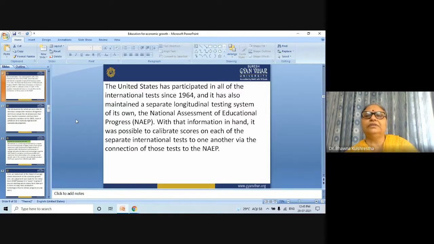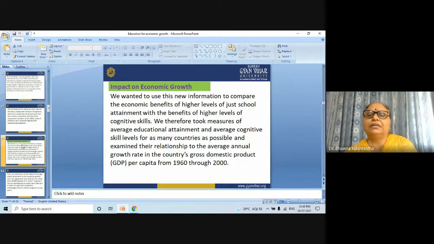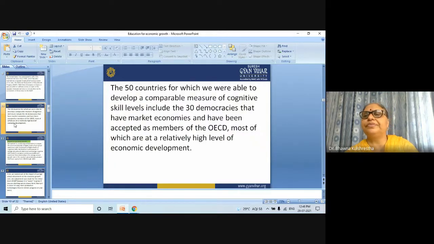And the other 20 countries are at a lower level of economic development.